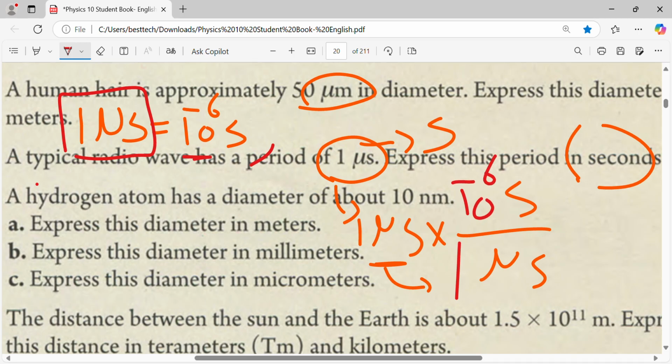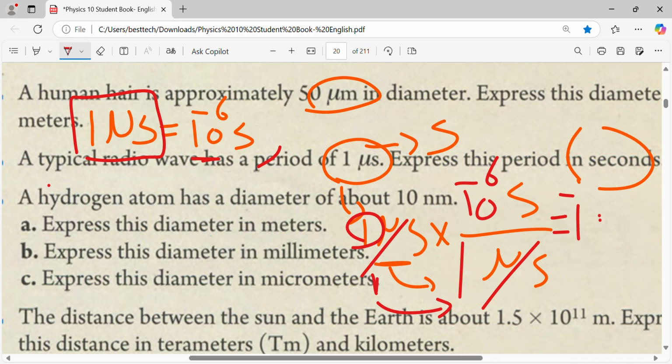The down is 1 times 1, still 1, so don't write it. The up is left, and the microsecond cancels, so 1 times 10 power negative 6 is still 10 power negative 6.